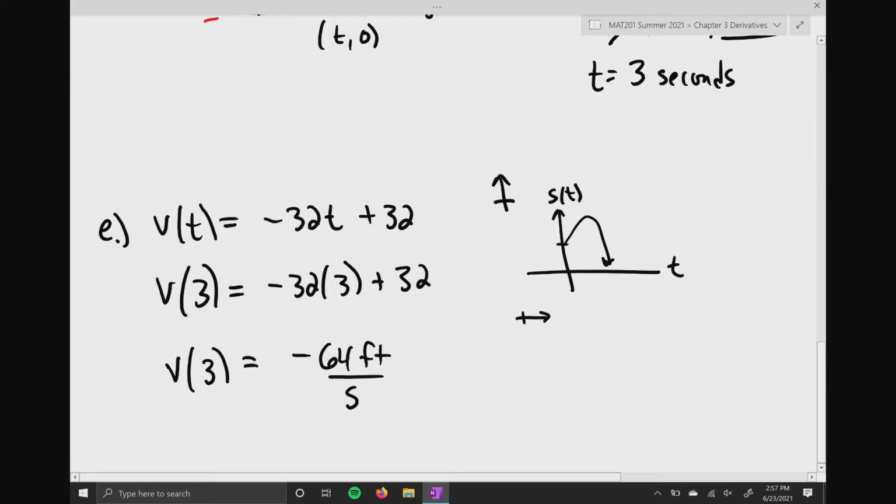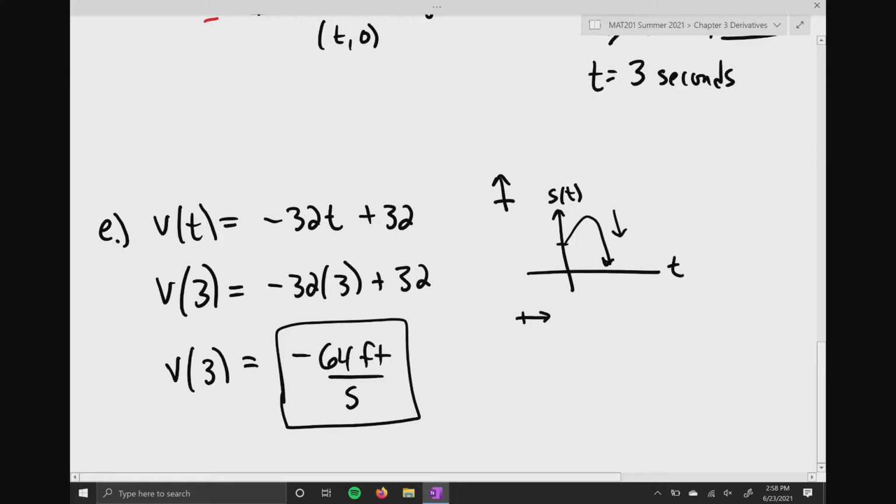So since the object is moving down, that's why this is negative right here. That doesn't mean the object is slowing down. It just means it's moving in the opposite direction of which I specified the positive direction. When we talk about acceleration, that's when we can determine if this object is slowing down or speeding up.